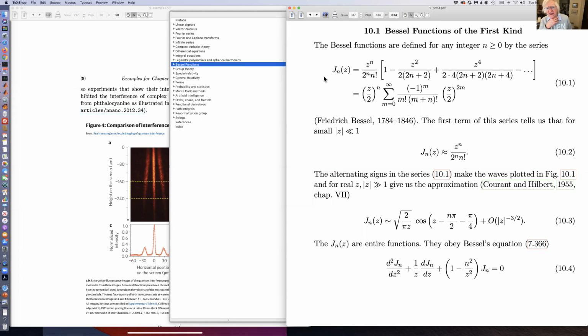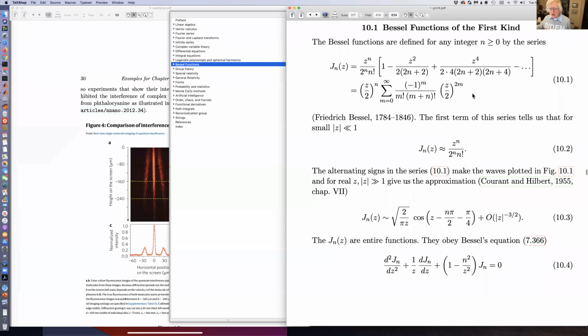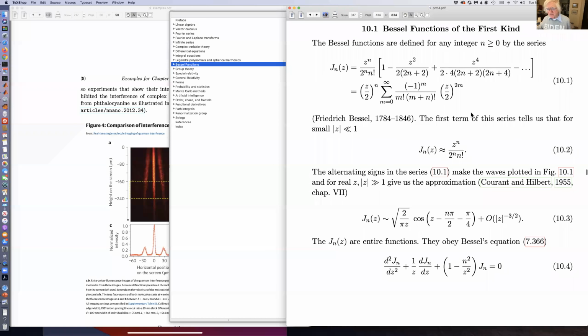These are the standard capital J functions, as opposed to the lowercase j functions. The lowercase j are the nice spherical Bessel functions. These Bessel functions, you can see, are very complicated structures here. They're much more complicated than the spherical Bessel functions.